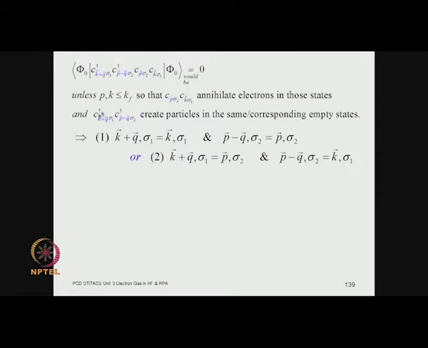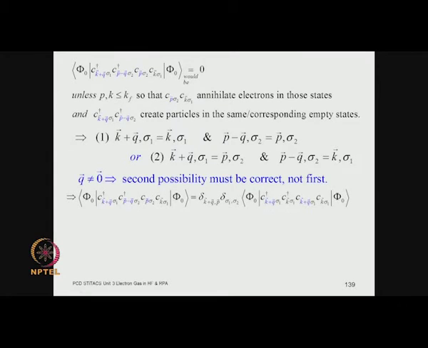So, there are two possibilities. One is that k plus Q, sigma 1 is equal to k, sigma 1. The second is k plus Q, sigma 1 is equal to p, sigma 2. Now, the first possibility is ruled out because Q equal to 0 is not what we are looking for. Q not equal to 0 means that the second possibility must be correct and not the first.